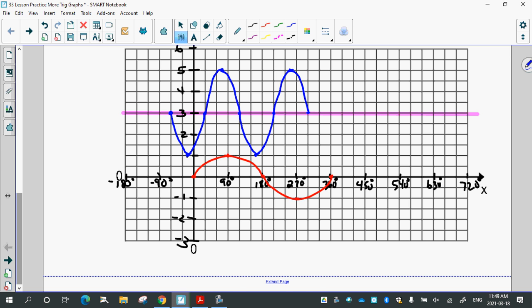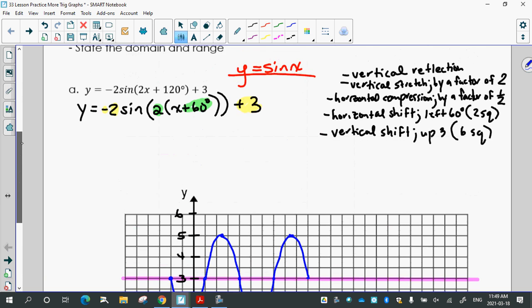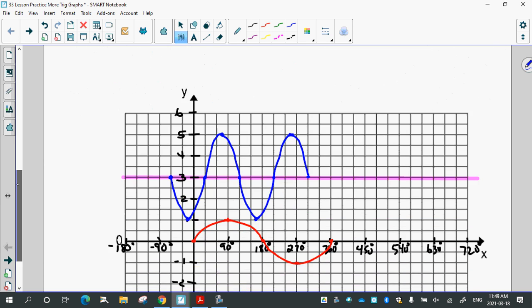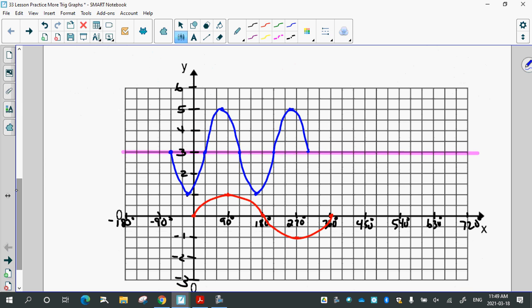Amplitude, remember I can get all that stuff right from the equation now if I want to. The amplitude should be 2, the period should be 360 divided by 2, which is 180. My phase shift is -60. But I can also find them off my graph. So my amplitude is from 3 to 5, which is 2.